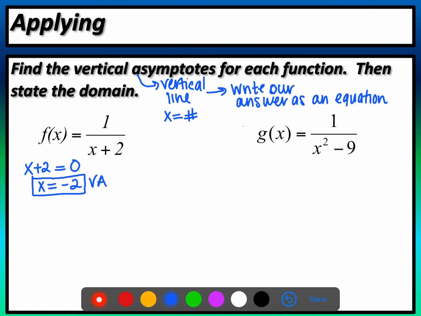Make sure that you're not just putting -2 as a number, you're putting the full equation. Using that value, we know it's undefined, so we want to state our domain. If this is the only problem area in our graph, that means our domain is negative infinity to -2, union -2 to positive infinity.